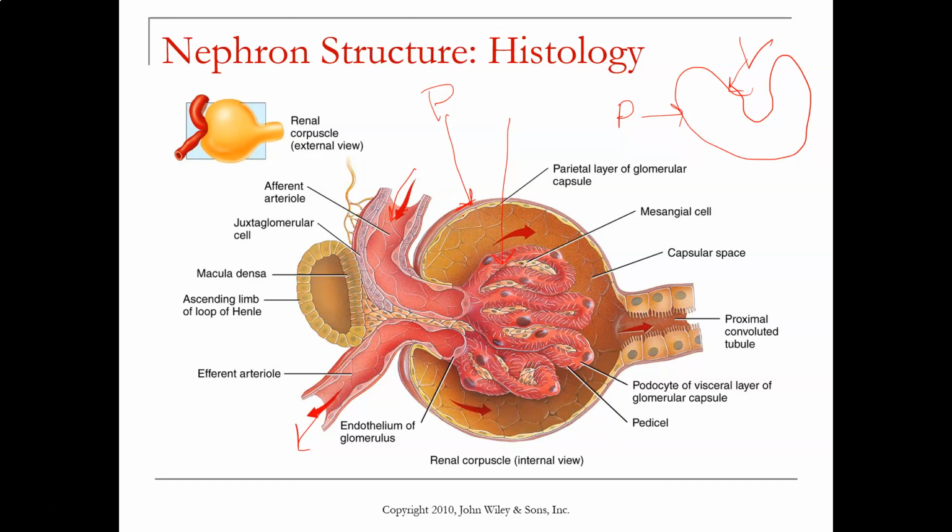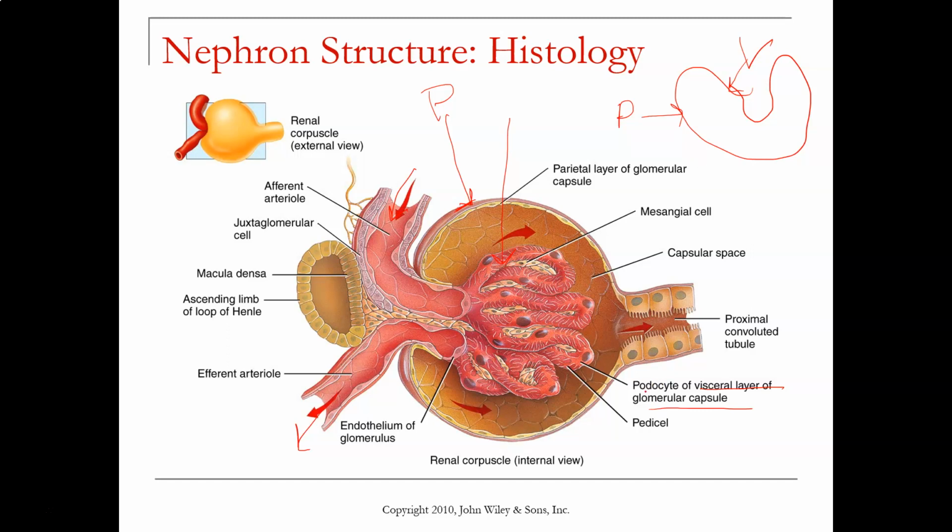and notice it's a simple squamous epithelium. And then on the inside of the cup, covering the glomerular capillaries, you have the visceral layer. Here's the visceral layer of the glomerular capsule. Those cells are called podocytes.